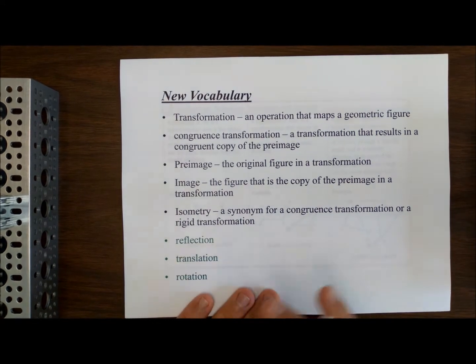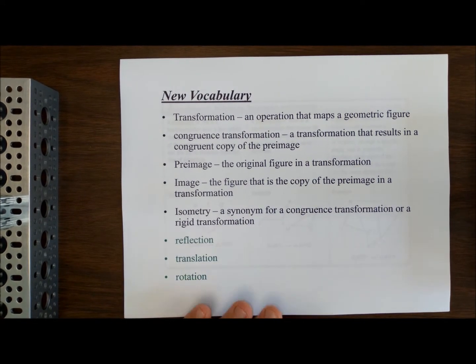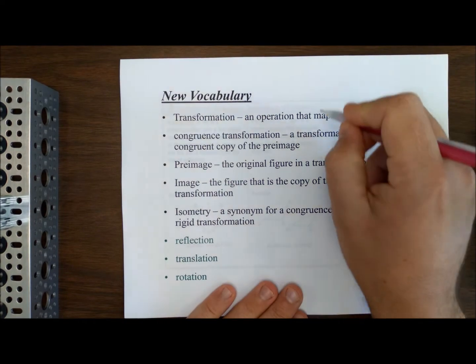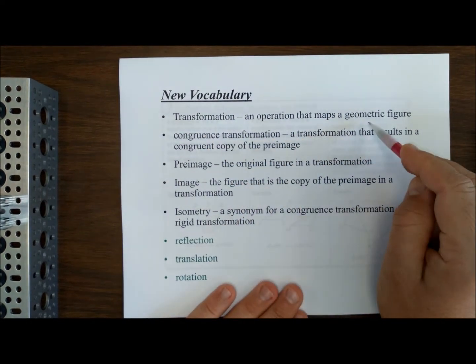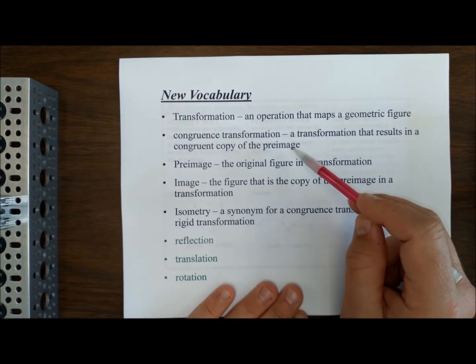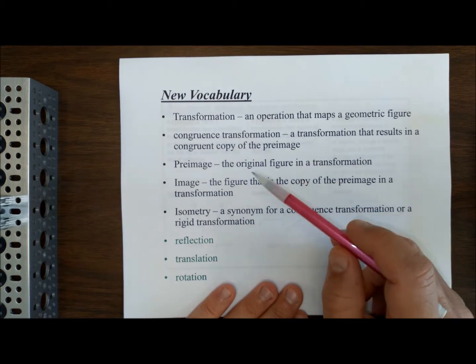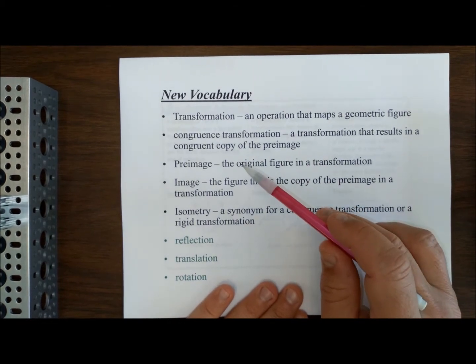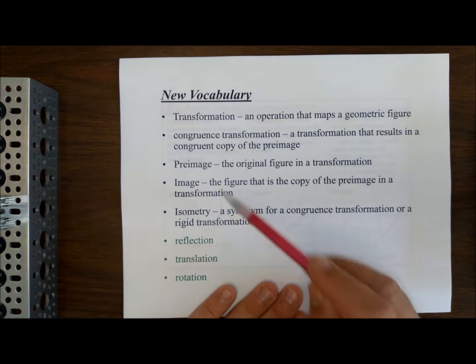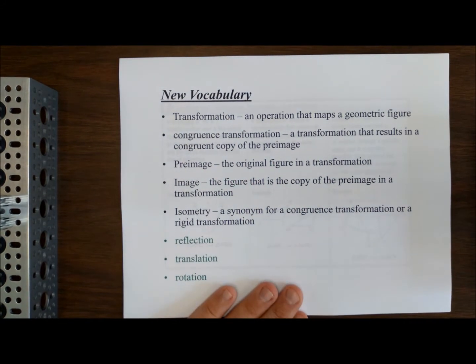For instance, we're going to look later in this course at dilations, which are basically scaling up or scaling down an image, a figure. So that's a type of transformation. But a congruence transformation results in a copy that's exactly the same size. It's congruent. So that's what we're going to be focusing on in this lesson.